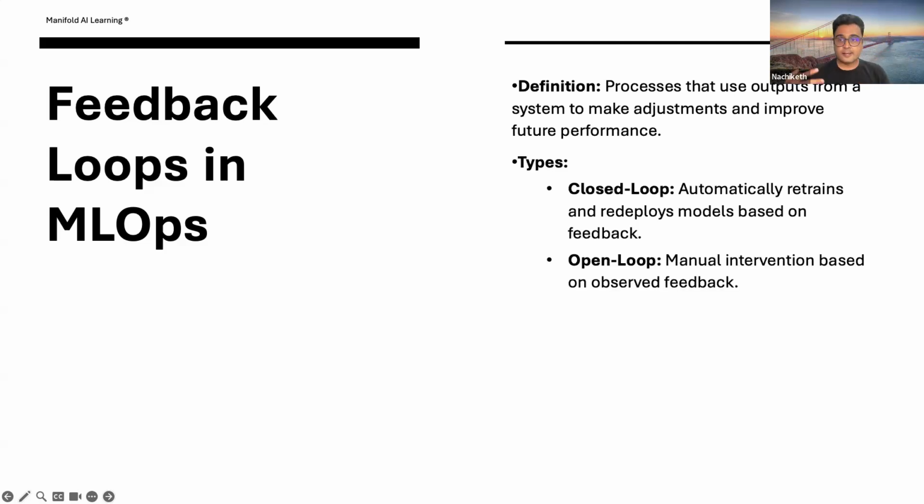When I say closed loop, it's an automatic one. It's a scenario where it will automatically retrain and deploy the models based on the feedback. For example, say we have data coming in and it is found that data drift is happening, and based on the detection of the data drift, which could be either real time or batch, the trigger that you have set in the feedback loop will make use of the latest data as well as the latest approved data.